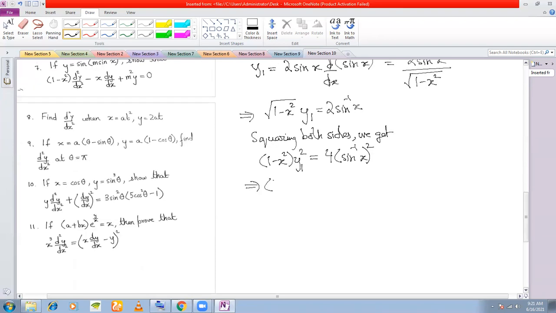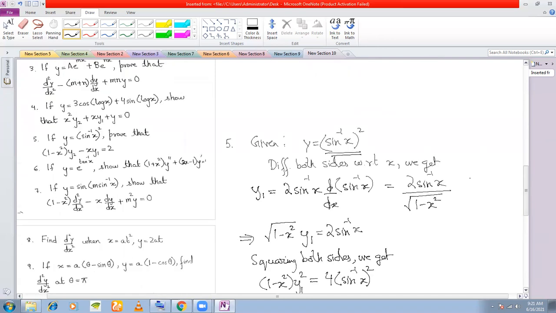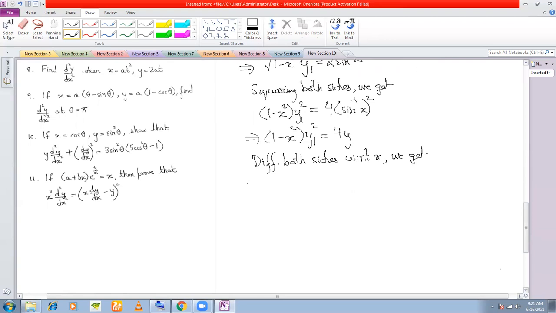Now you know that (sine inverse x) whole square is y. So you substitute y in place of (sine inverse x) whole square on the right hand side. Now you differentiate both sides once again with respect to x. You will differentiate the left hand side by the u into v rule.